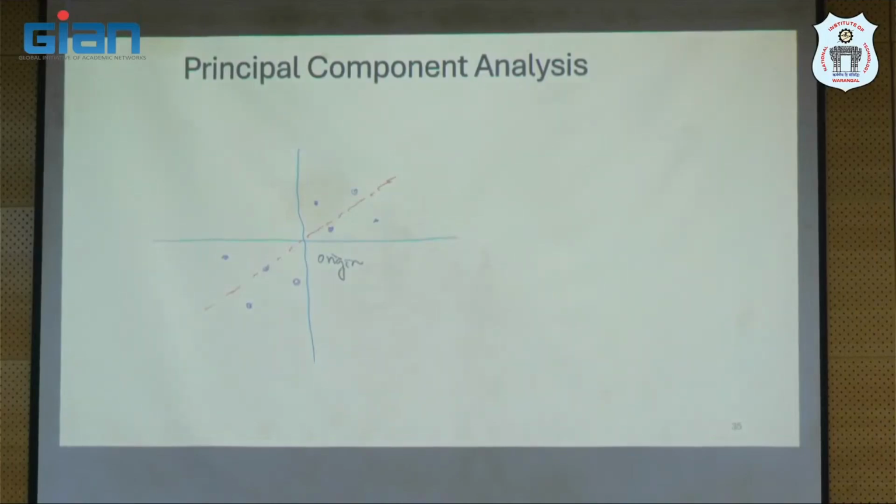Rather than saying that I will have 8 purple points as my data, I am saying that there is only one line that passes through the origin, and that line is giving me all the 8 points of my data. As you can see, this line probably hits only one of the 8 data points. The remaining 7 data points do not lie on the line, right? So how can I claim?